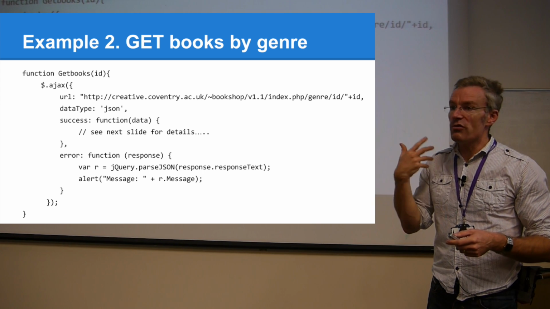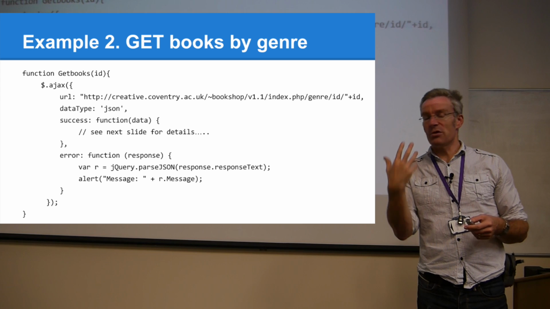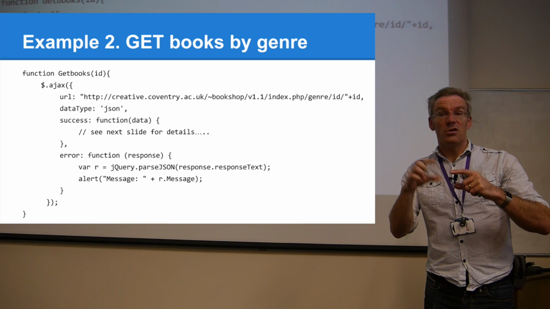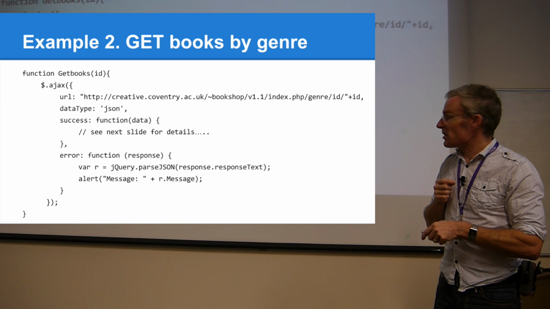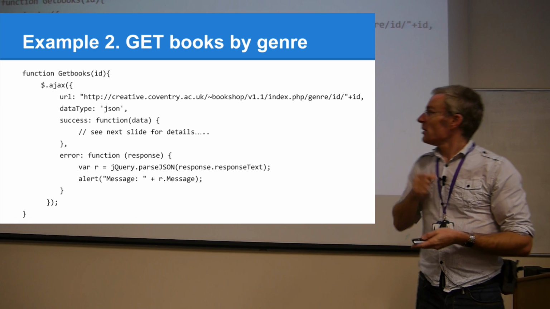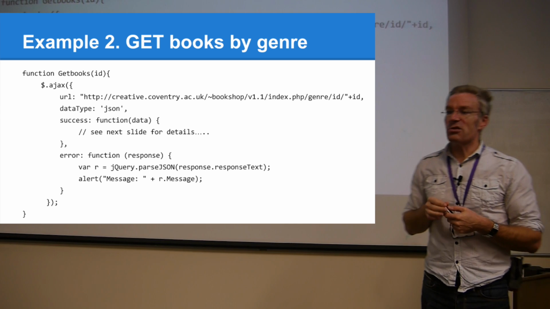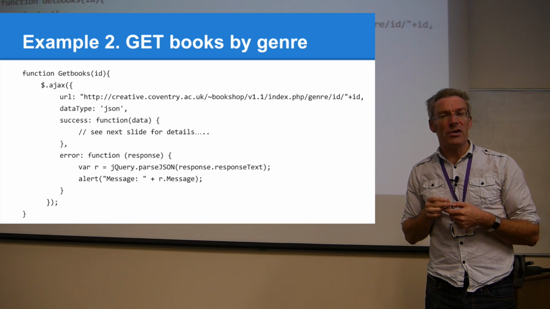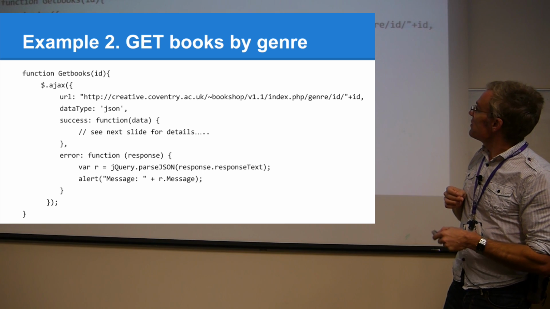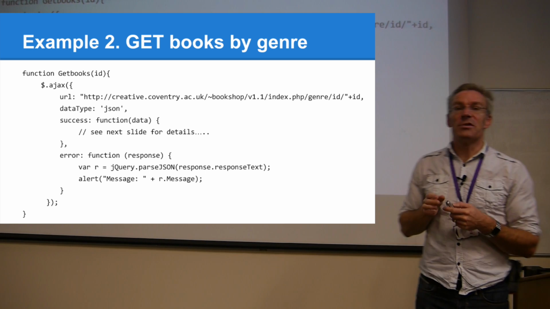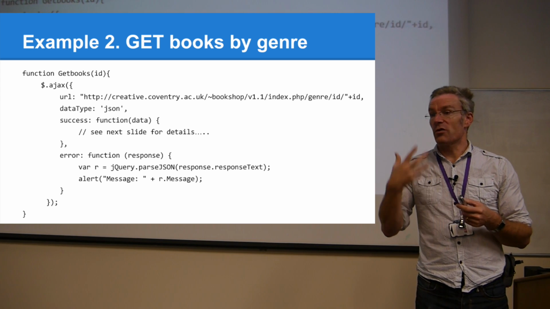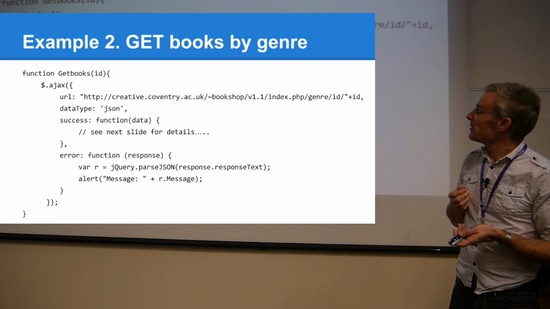Because as long as all your resources generate the same format of error message, you only have to write this code once, and just keep recycling the same code over and over again. If your error messages are all over the place, you might need to have a bit of a rethink on this before you get on with this. So as you can see, all I've done is add the ID parameter to my URL. So I've got the right URL to capture the books.